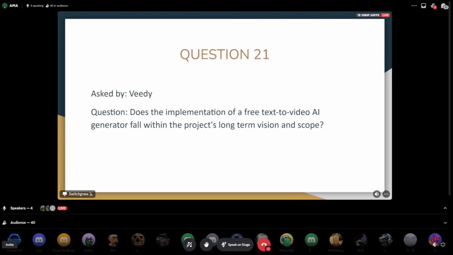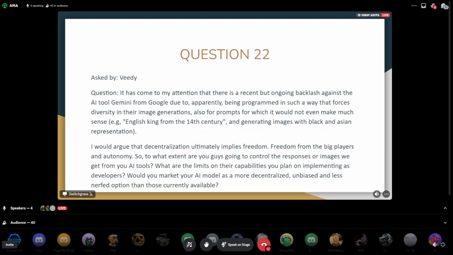All right. More functionality. The next question also comes from VD. It has come to my attention that there is a recent but ongoing backlash against the AI tool Gemini from Google due to, apparently, being programmed in such a way that forces diversity in their image generations. Also, for prompts for which it would not even make much sense, for example, an English king from the 14th century, generating images with Black and Asian representation.